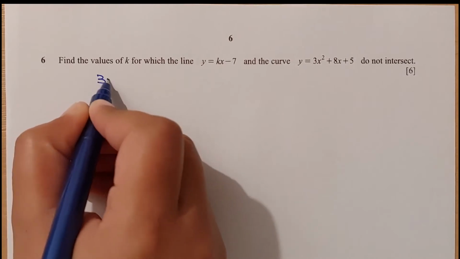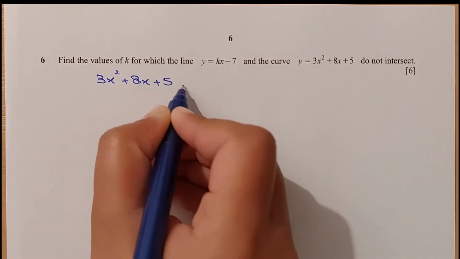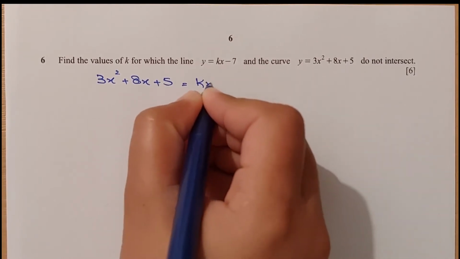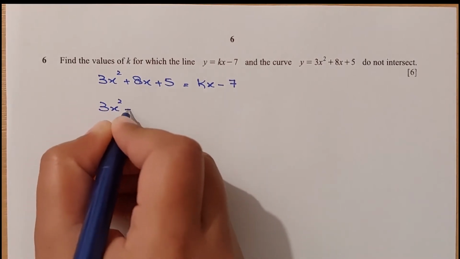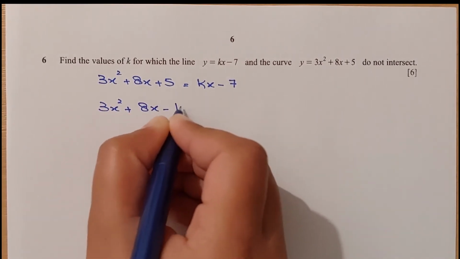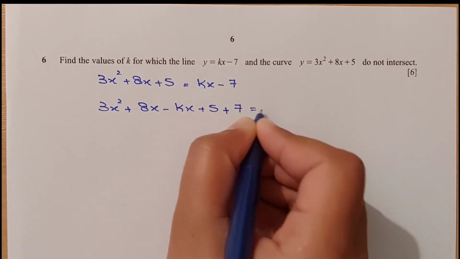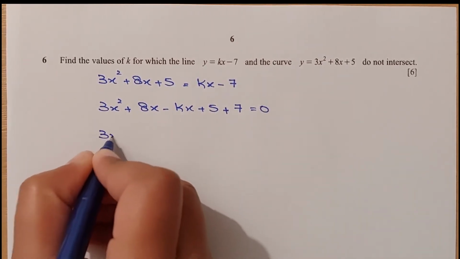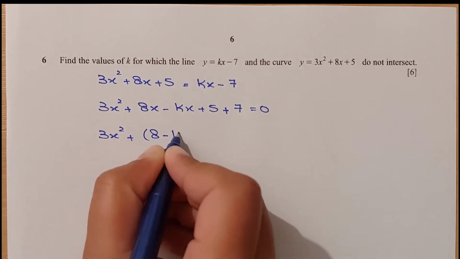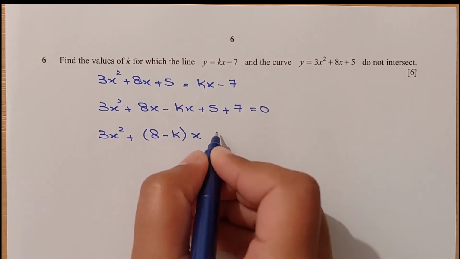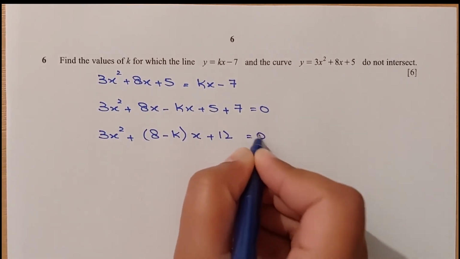So we have 3x squared plus 8x plus 5 equals kx minus 7, and 3x squared plus 8x minus kx plus 5 plus 7 equals 0. So 3x squared, taking x common, we have 8 minus k as the coefficient of x, and 5 plus 7 is 12. This equals 0.